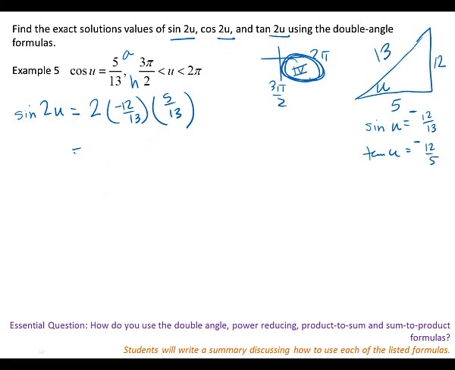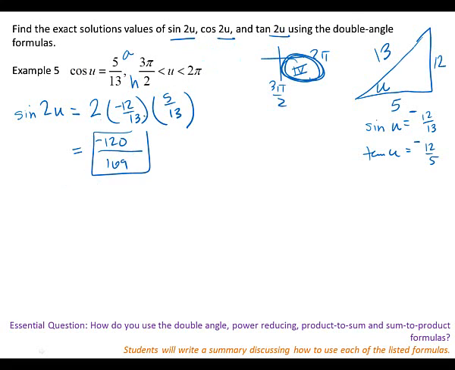Okay. All right. Let's multiply across. So 2 times negative 12 times 5 is what? Good. And 13 times 13 is? 169. Good. Arithmetic's not bad. It's big numbers, but it's not bad. Okay, that's it for the first part.